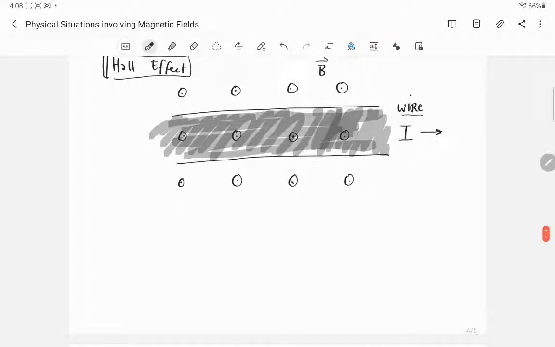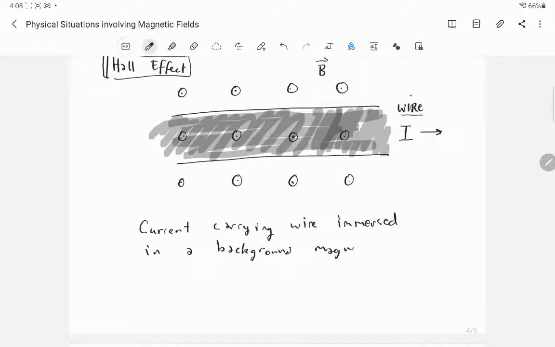So let me describe that. A current carrying wire immersed, that is, the wire runs through a space that is full of magnetic field in the background.